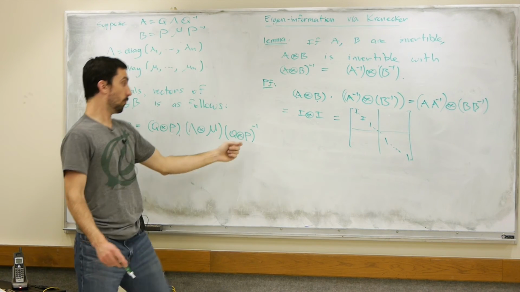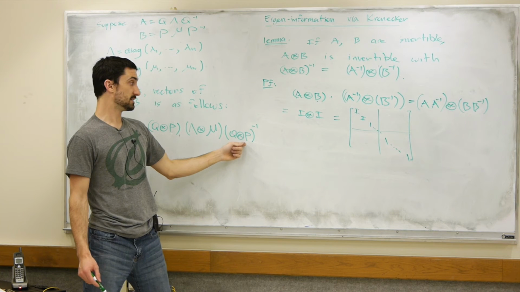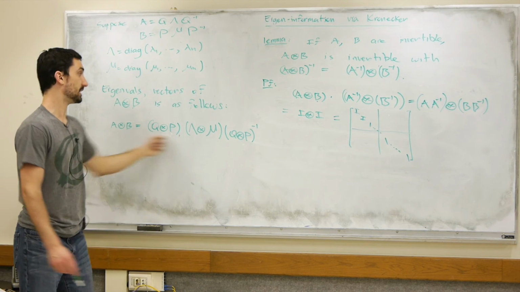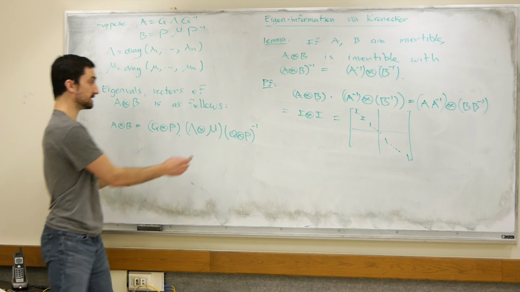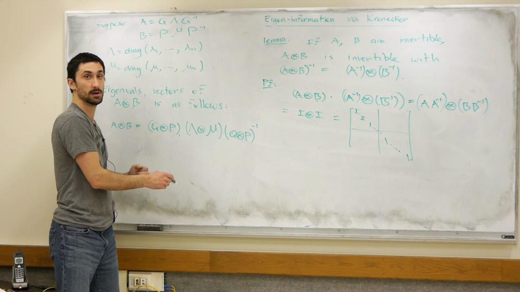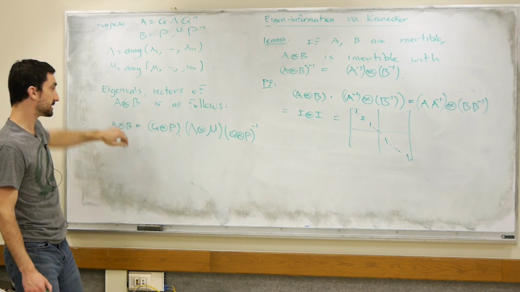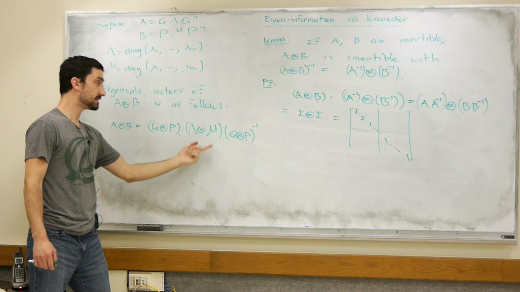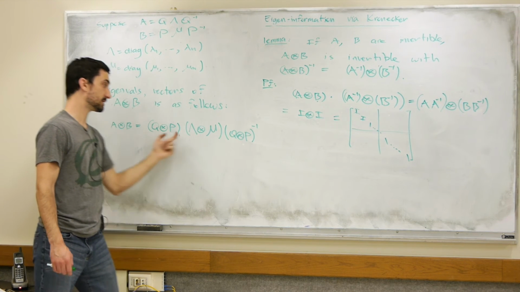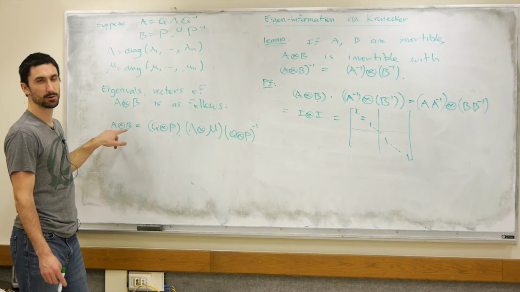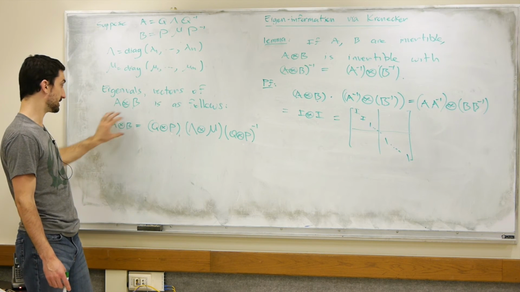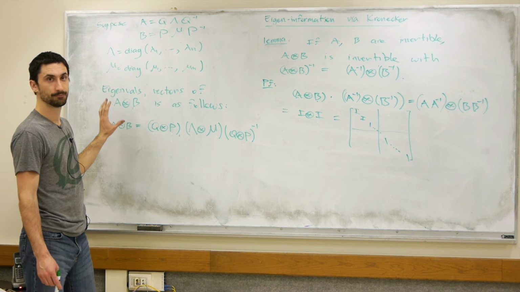Using this lemma, we can write down exactly what this is and verify that this does in fact hold. The final step is that this is diagonal, so that we have matrix times diagonal times the inverse of this matrix, which proves not only that this is diagonalizable, but it proves exactly what the eigenvalues of this matrix are.